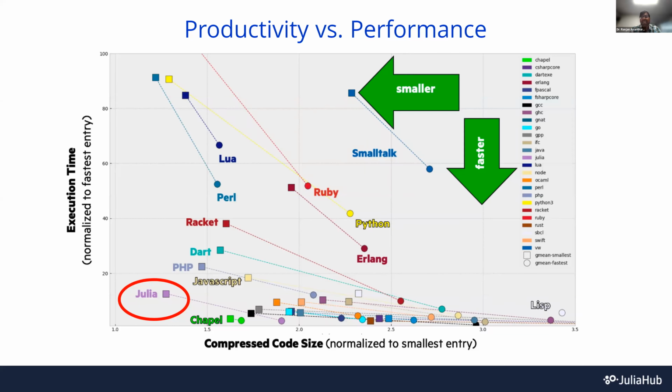Julia is a language that tries to match the performance of a compiled, low-level language like C or C++, while feeling like a scripting language. So it keeps the code size as small as possible. You see that Julia here is on the bottom left. And so it tries to strike that balance between productivity and performance.